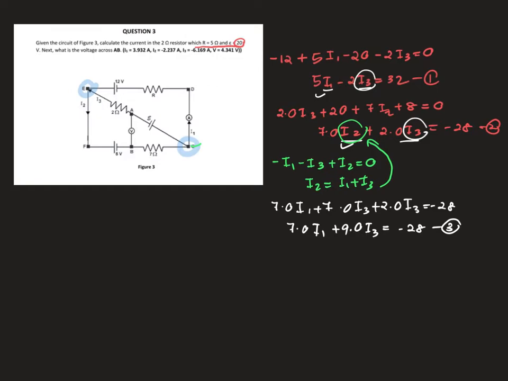Therefore, I'm going to insert this one and this one into the calculator. You can actually use simultaneous equations if you want to, but to make it easier, you can use the calculator. So supposedly you are going to get your answer for I1 as 3.932 ampere, and for I3 you are going to get negative 6.169 ampere.